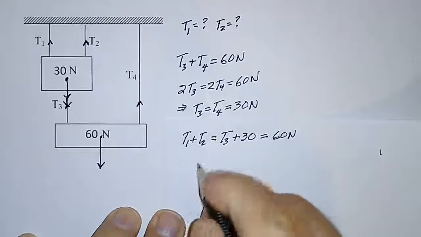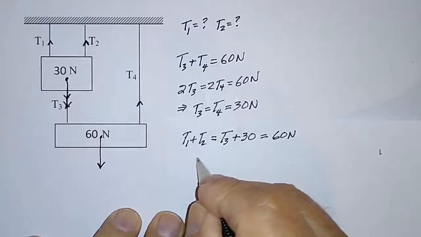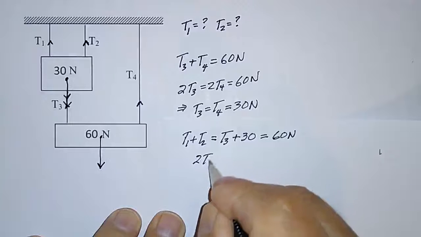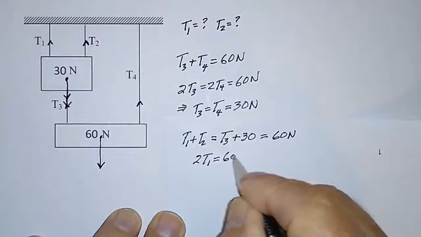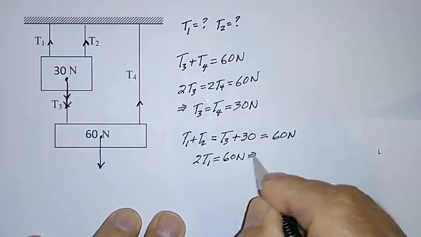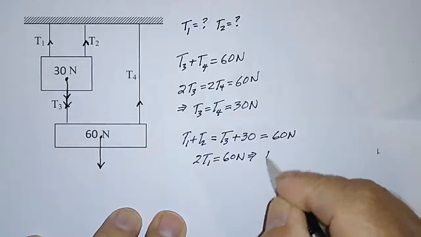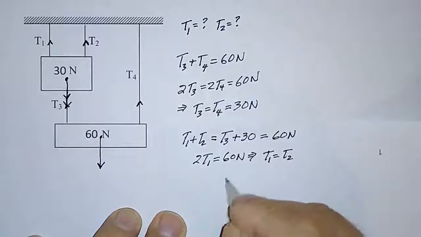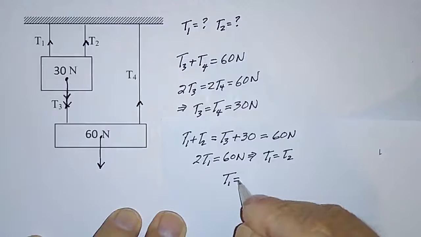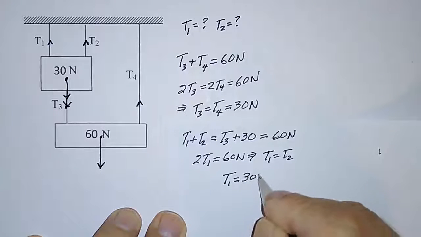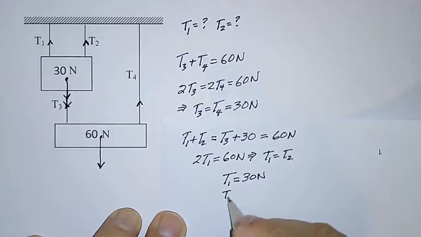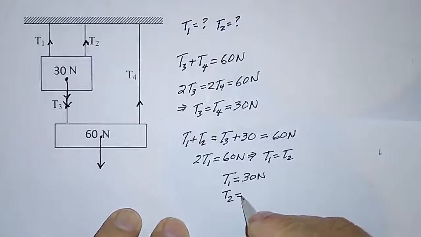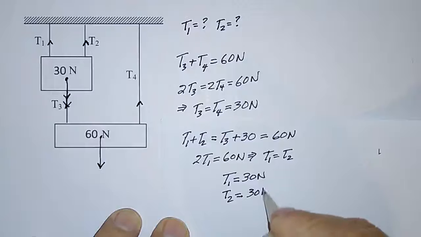And T1 equals T2. So 2 times T1 is equal to 60 newtons. And that means then that T1, which is equal to T2, T1 is equal to 30 newtons, and T2 is equal to 30 newtons.